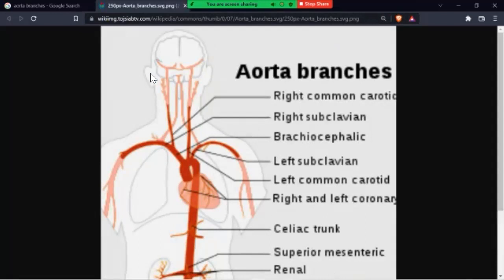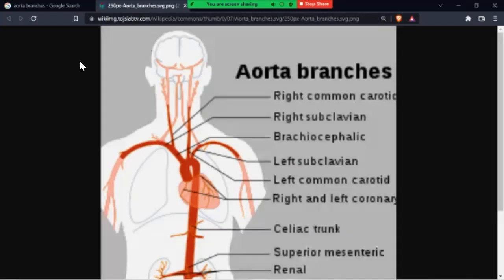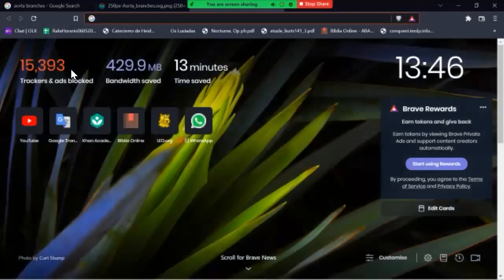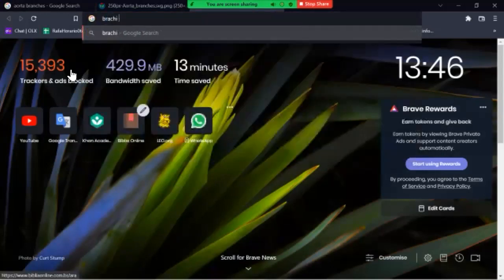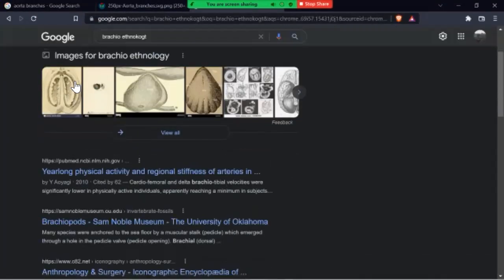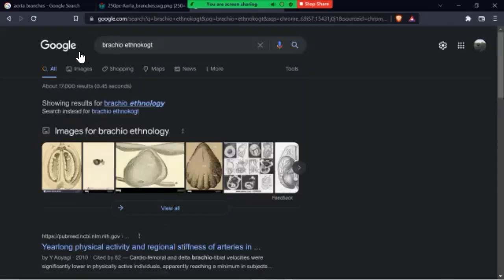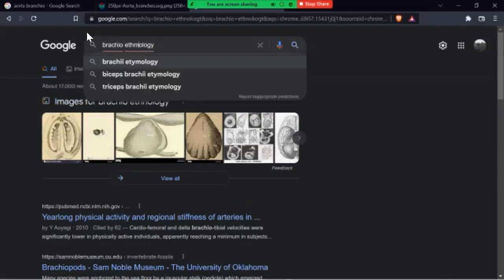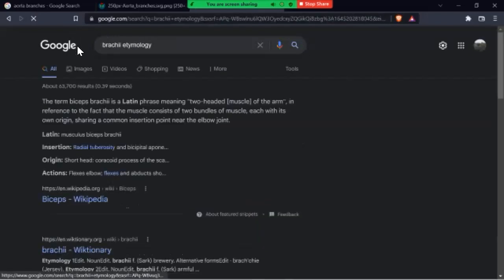Brachio is arm, and cephalic is from head. Let me check the etymology.